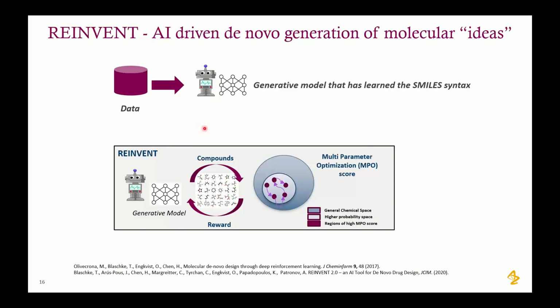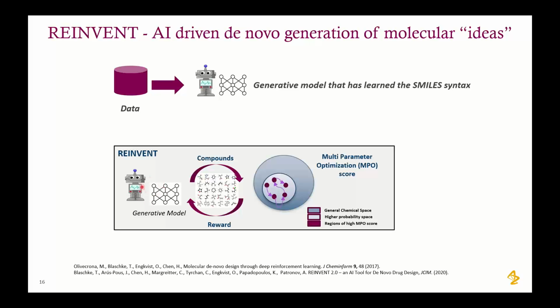And the next thing we do usually with this generative model is we put it in some kind of a learning scenario, right? So we give it some objective, could be a combination of various predictive properties or something else. We just refer to it as a multi-parameter optimization score.